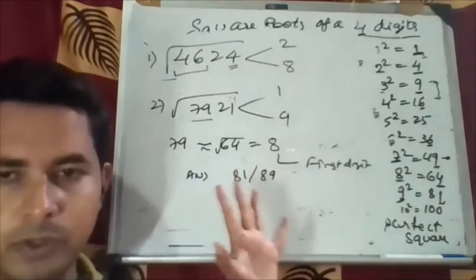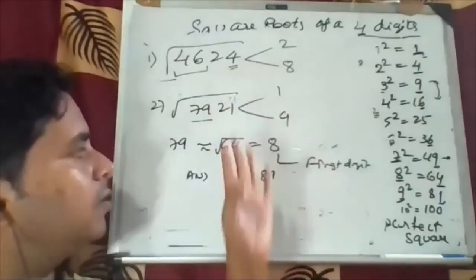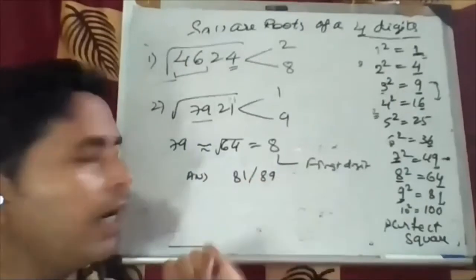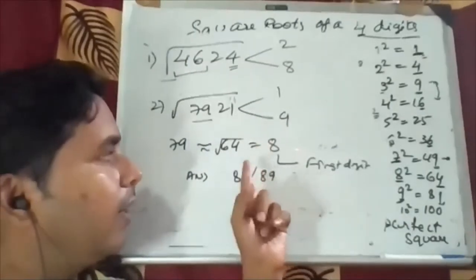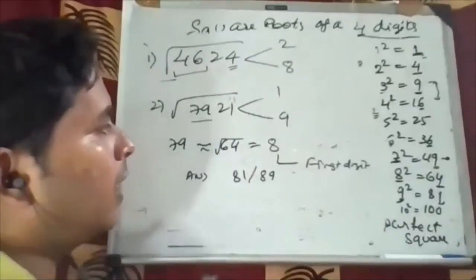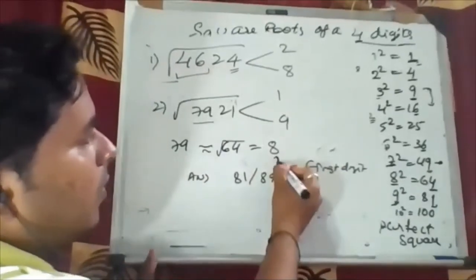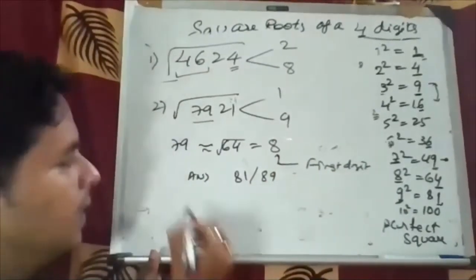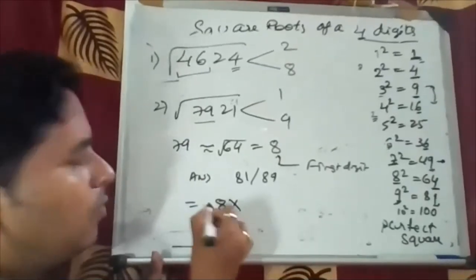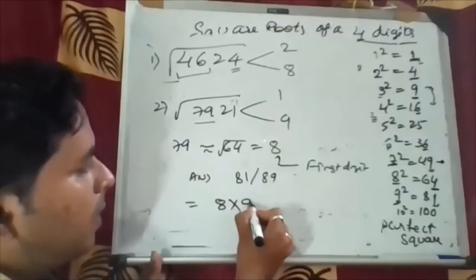So now I'll come to the point. My answer should be either 81 or 89. Now I have to confirm whether it is 81 or 89. For that I'll take the number I got, 8, and multiply it by one step more, that is 9.